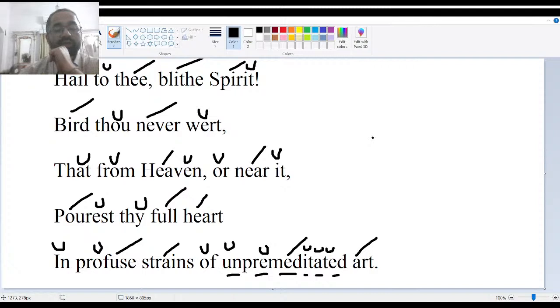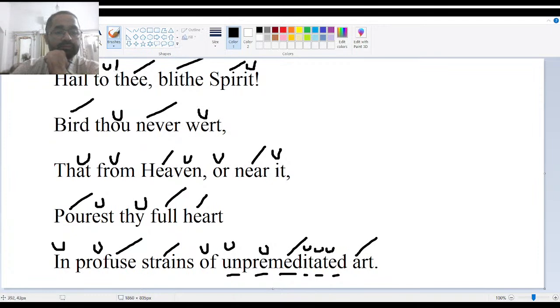Bird thou never wert, that from heaven or near it pourest thy full heart in profuse strains of unpremeditated art. So this final line is a bit tricky, but let's deal with the other lines first.